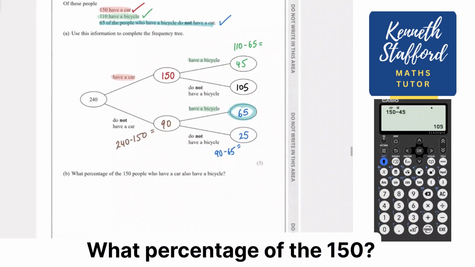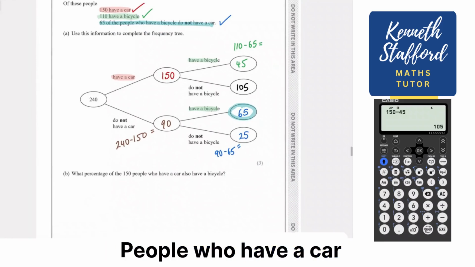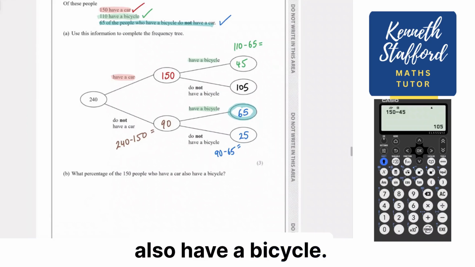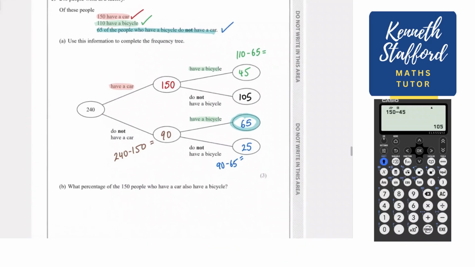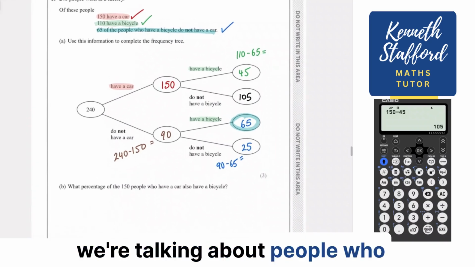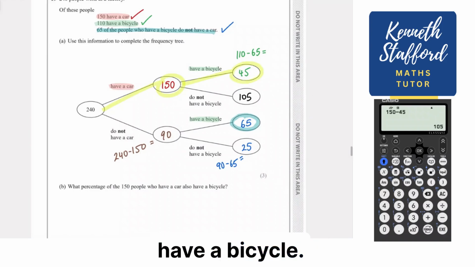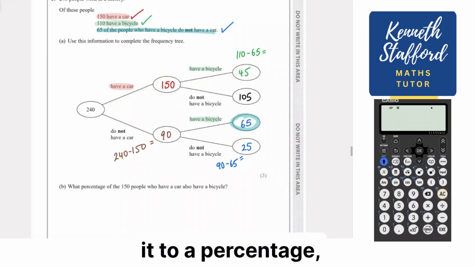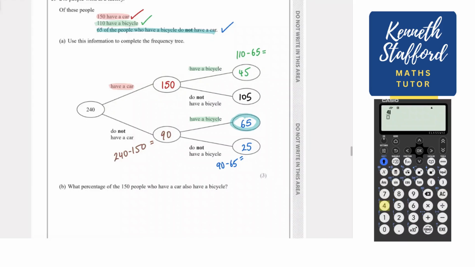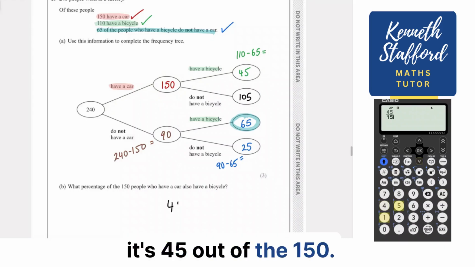What percentage of the 150 people who have a car also have a bicycle? Now, we're talking about people who have a car and also have a bicycle. So we're talking about those 45 people. Now, if you're asked to convert it to a percentage, it's 45 out of the 150.